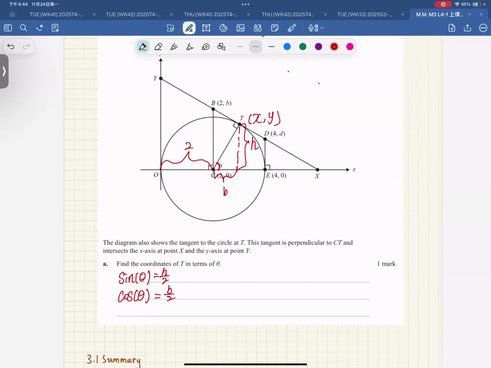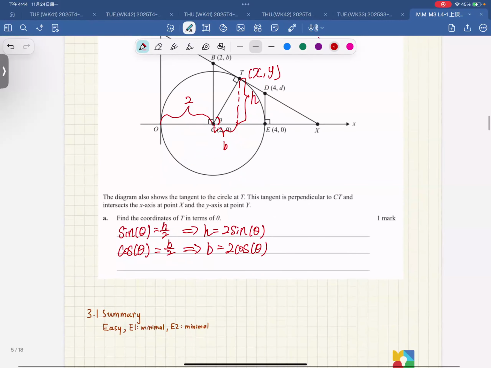Now we rearrange this equation. So h is equal to 2 sine theta, and b is equal to 2 cosine theta. And then we can put into the coordinate T, x, y.